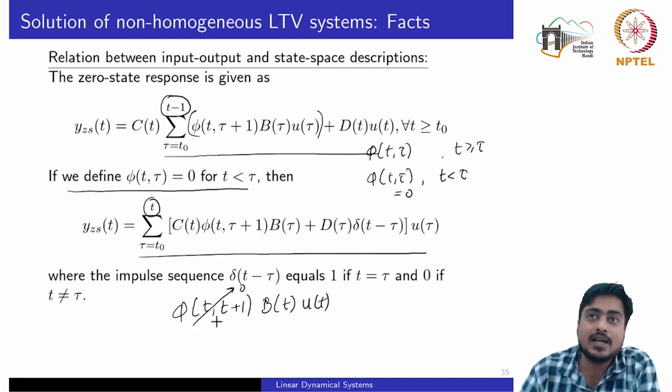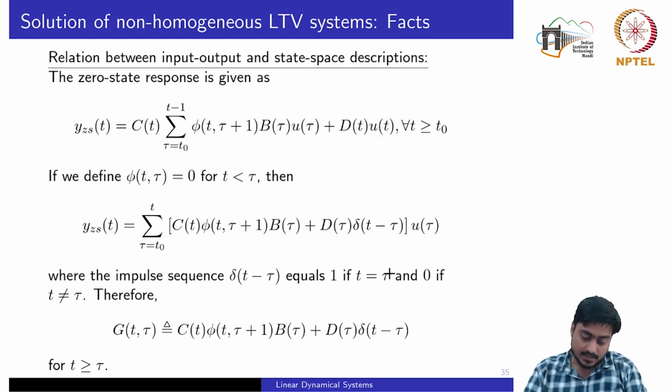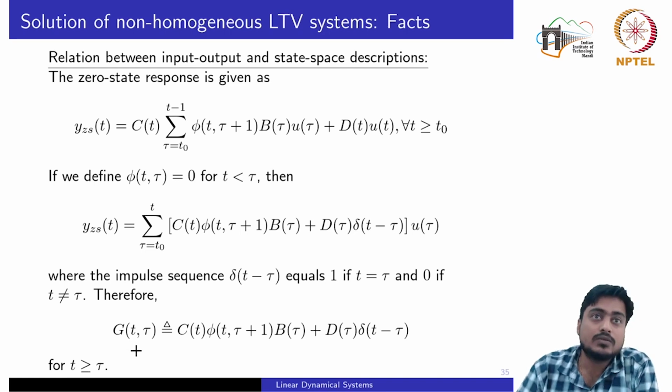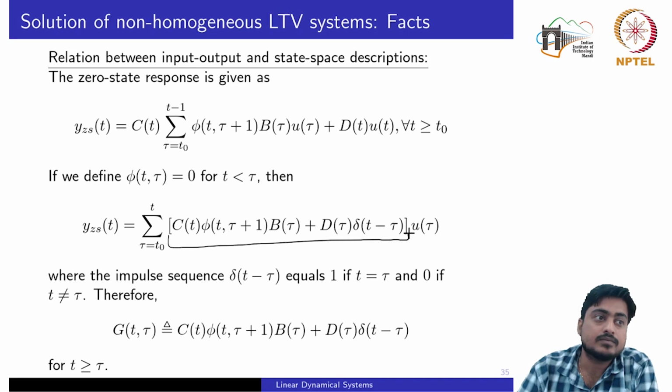So basically I am adding a 0 into this summation to change its upper limit from t minus 1 to t. And in a similar way, with the help of the impulse function property, I included that part inside the summation, which finally implies that my g t comma tau in the discrete time is actually equal to this entire part for all t greater than or equal to tau.